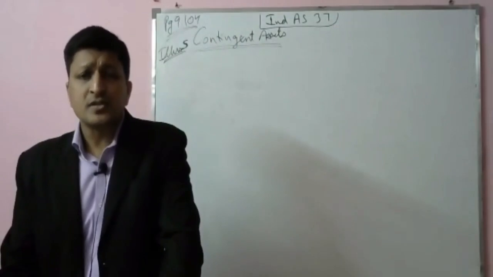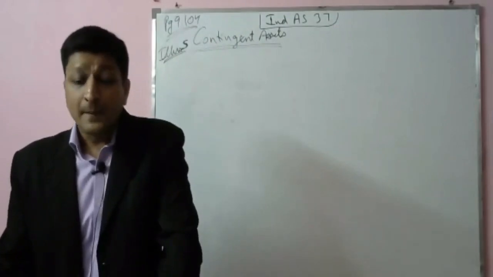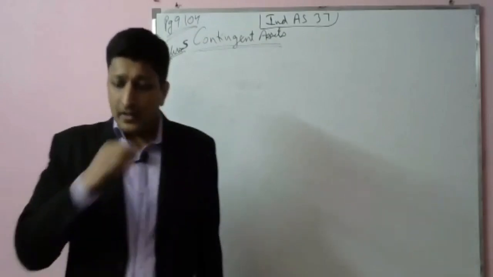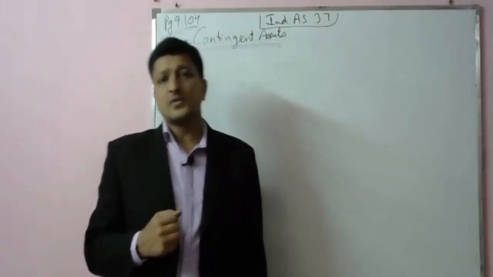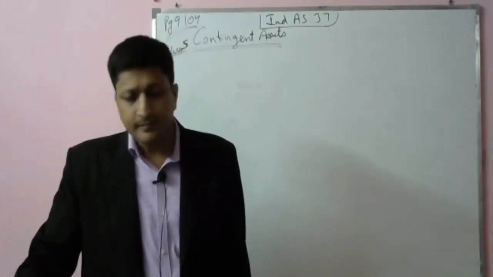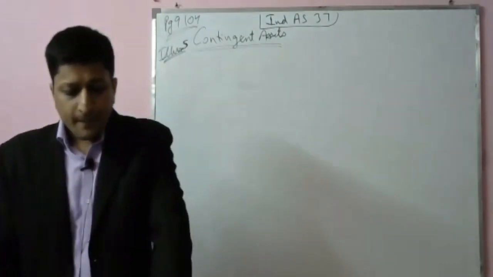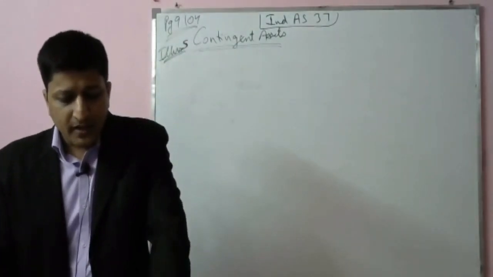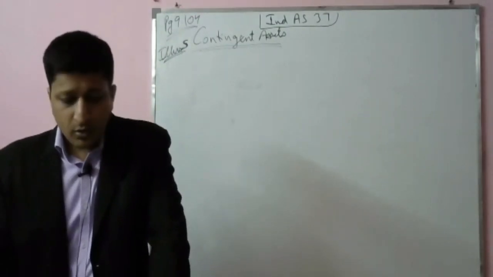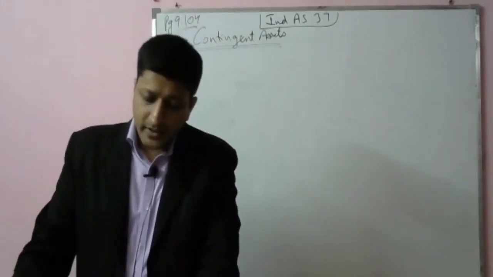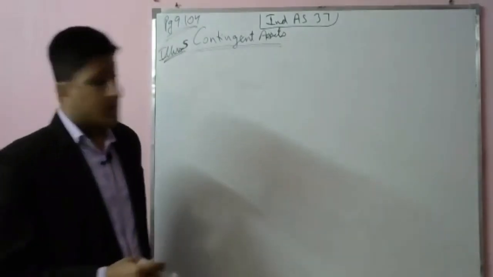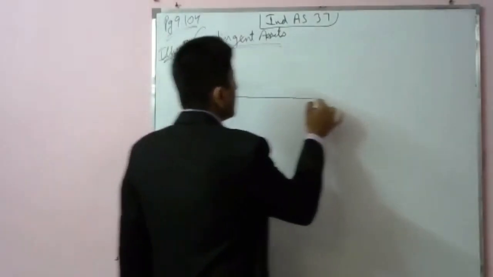Contingent asset is not something which is very important in practice, but because its understanding is difficult and generally there's a lack of clarity, that's why this becomes important for examinations. X Sugars Limited has entered into a sale contract of rupees 3 crore with Y Chocolates Limited for supply of sugar during X1, X2. So there will be a supply of sugar during X1, X2.